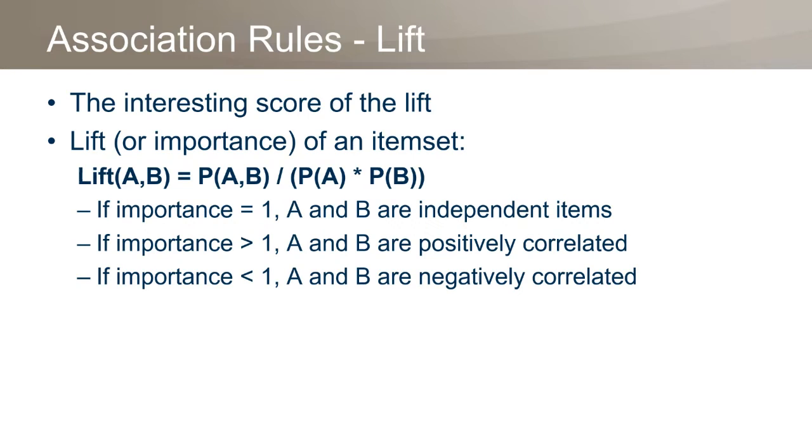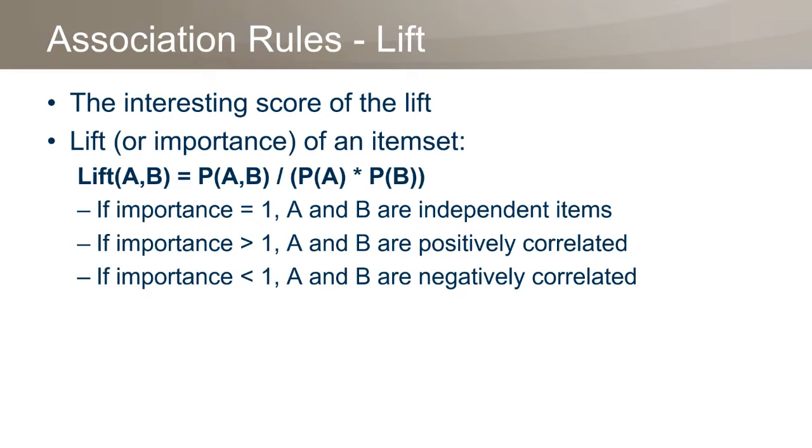Lift or importance of an item set is defined as the probability for the combination, for the item set, divided by the probability of item A multiplied by the probability of item B. So if this multiplication of probabilities is completely equal to the probability of the combination, it means that I have no specific impact of one product on another.